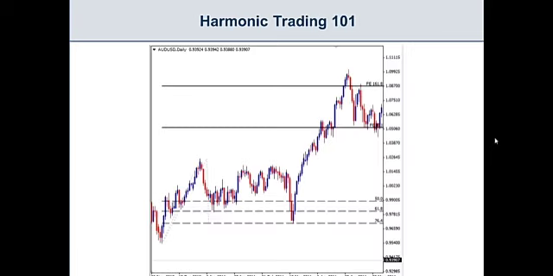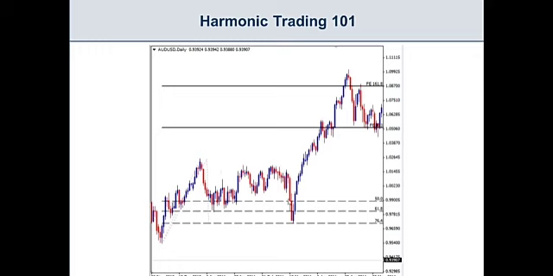Now let's go to a chart so you can better understand how to draw these Fibonacci levels and how they are used. As you can see here, we have the Aussie US dollar daily chart, and we have the first up move right here. To draw the Fibonacci levels, we pick this low and this high as our low and high for the retracement levels.